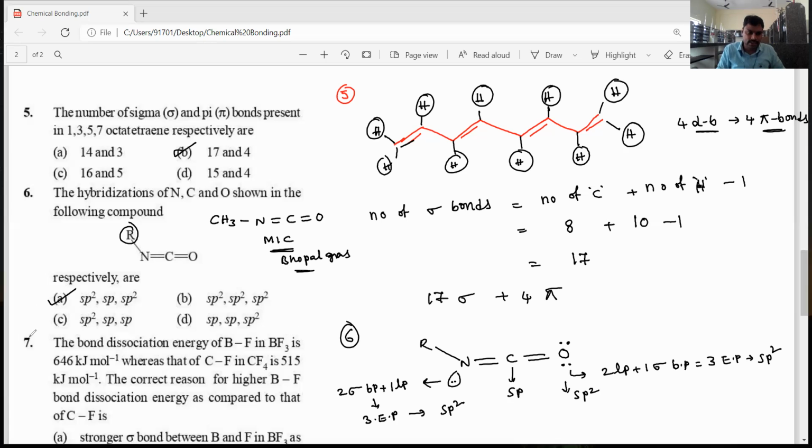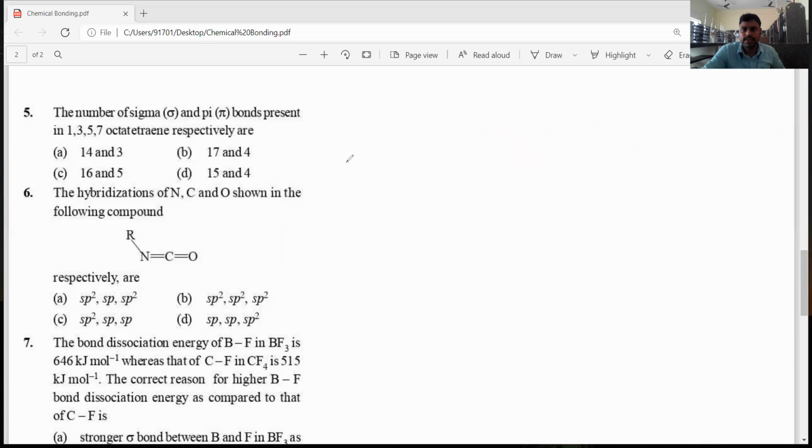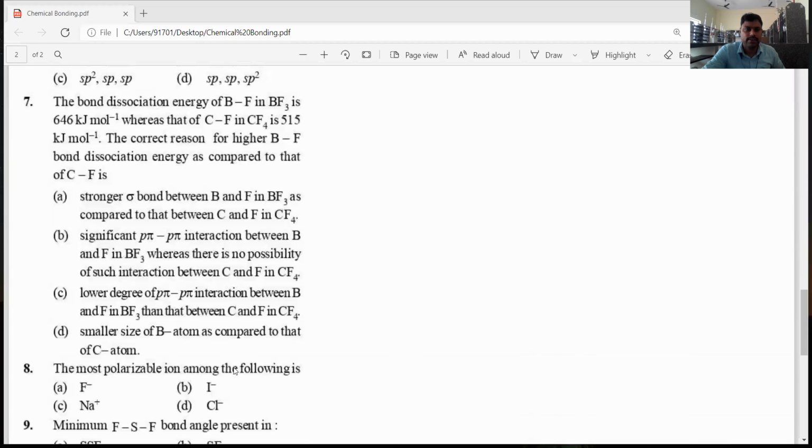Let's see the seventh question, dear students. What is the given seventh question, dear students? The given seventh question is asking why the boron and fluorine bond is strong, and the bond dissociation energy is more when compared to carbon and fluorine. What is the reason they are asking?